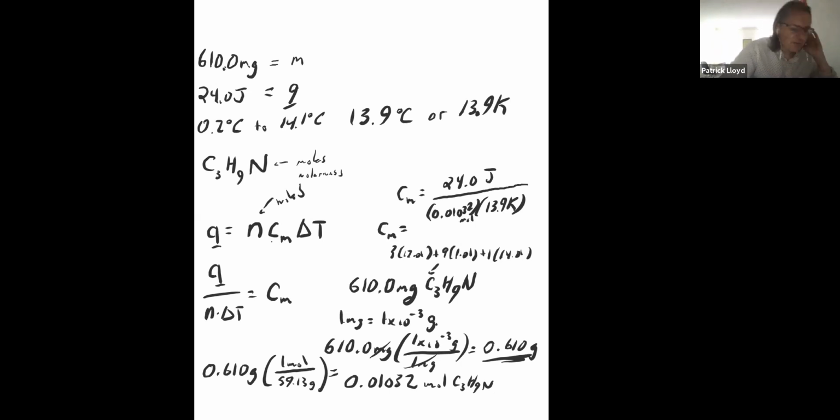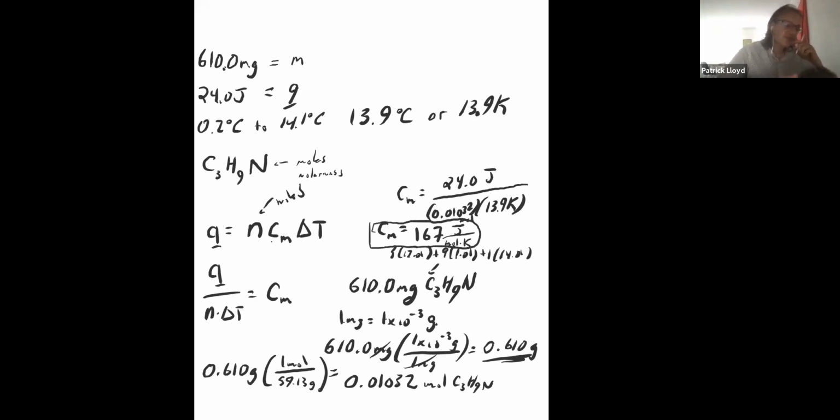So you've got 24.0 divided by 0.01032 divided by 13.9, and you get, was it 167? To 3 sig figs, it's 167. The units are joules divided by moles divided by Kelvin. Sorry, that's so small.